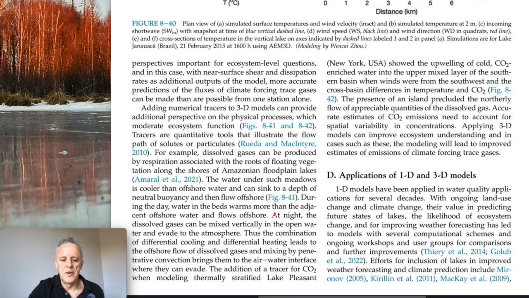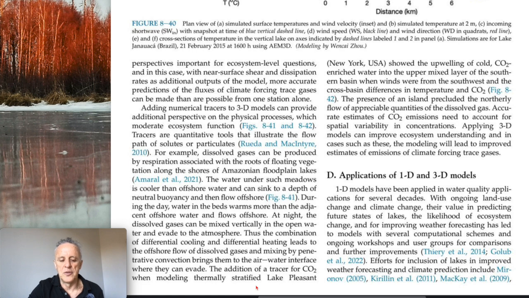During the day, water in the beds warms more than the adjacent offshore water and flows offshore. At night, the dissolved gases can be mixed vertically in the open water and evade to the atmosphere. Thus, the combination of differential cooling and differential heating leads to the offshore flow of dissolved gases, and mixing by penetrative convection brings them to the air-water interface where they can evade.